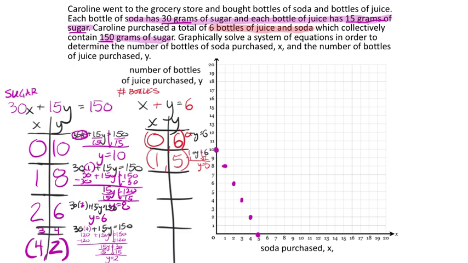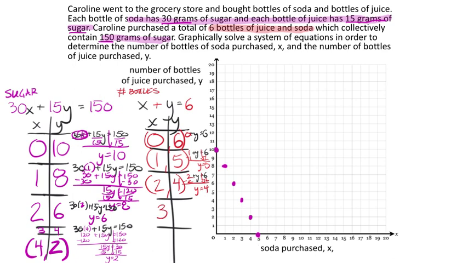And continuing here, I would say, well, what happens with 2 bottles? Well, that would have been x plus y equals 6. But now the x is 2. So we would subtract 2 from both sides and get y equals 4. Okay, so that's 2 soda bottles, 4 juice bottles. Okay, let us continue here.